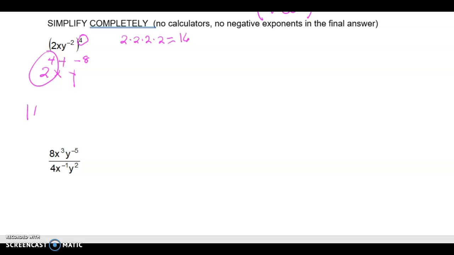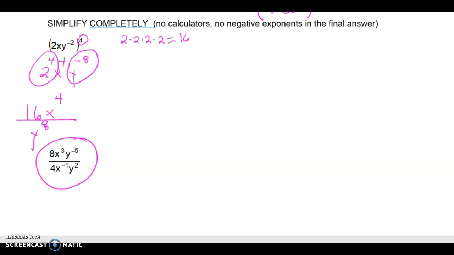So that would give us 16 x to the fourth power. We don't like to leave negative exponents, so that would become over, this is doing the reciprocal, over y to the positive 8 power.